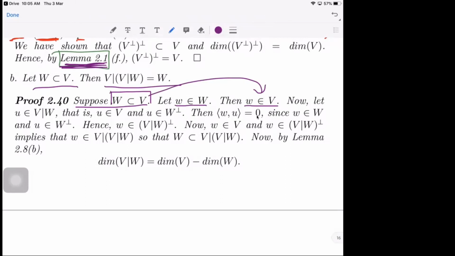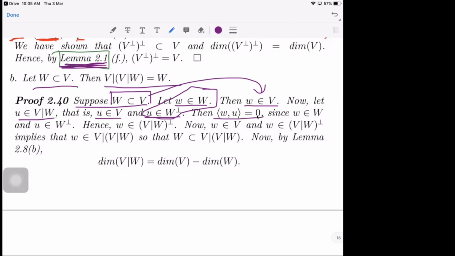Now let u be in V mod W perp. This means that u is in V and u is in V mod W. So joining these two means that the inner product of w and u is 0.